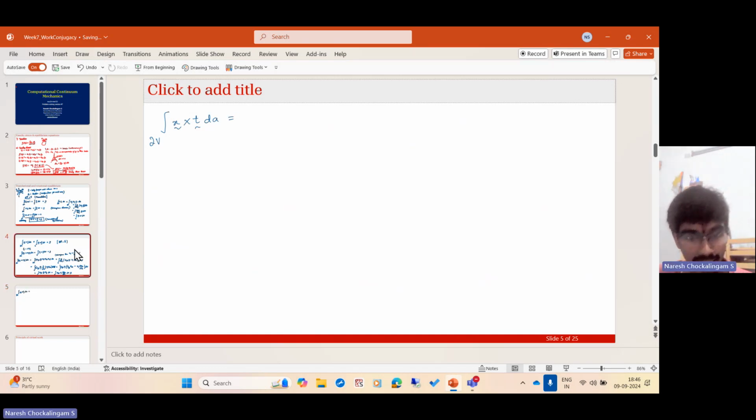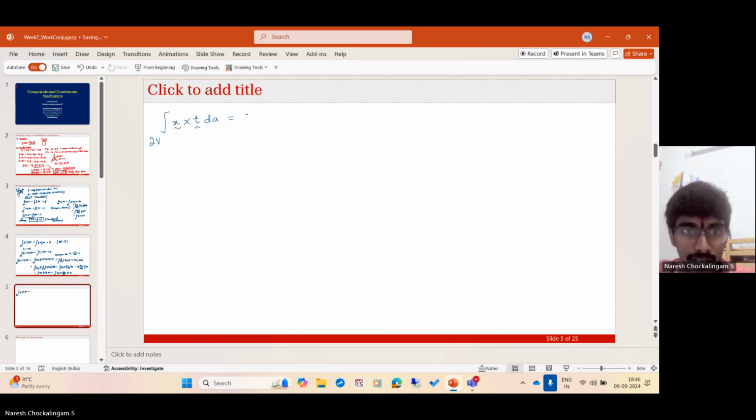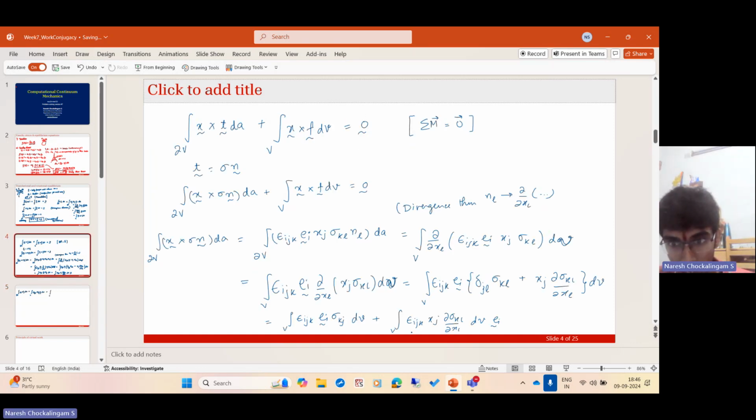What is the right-hand side? It consists of two terms. The first is epsilon ijk sigma kj ei dV, integrated over the volume. Then look at the second term. You have epsilon ijk ei xj and something else. This is basically the kth component of the divergence of sigma.